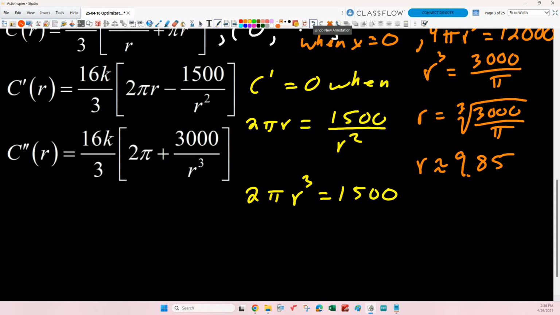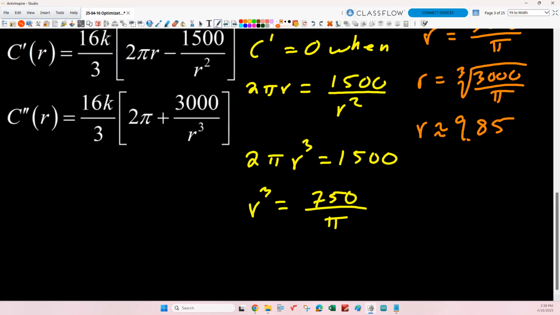So then what? Divide by 2 pi, and then cube root. So r cubed equals 750 over pi. So r would equal the cube root of that, 6.2, okay?